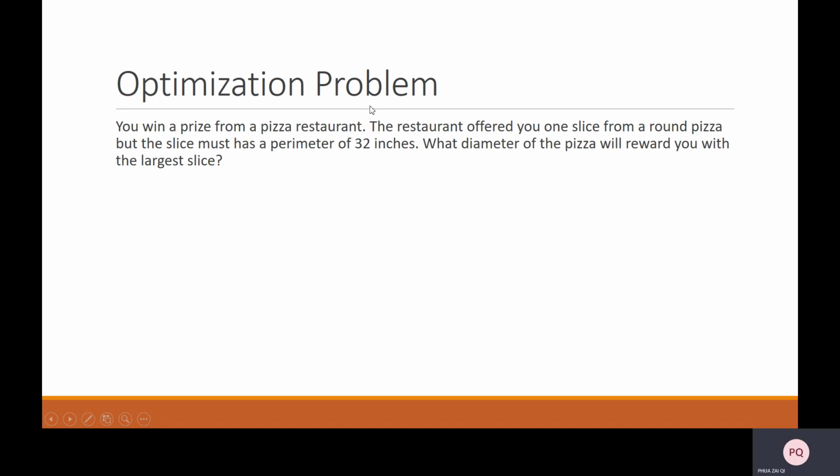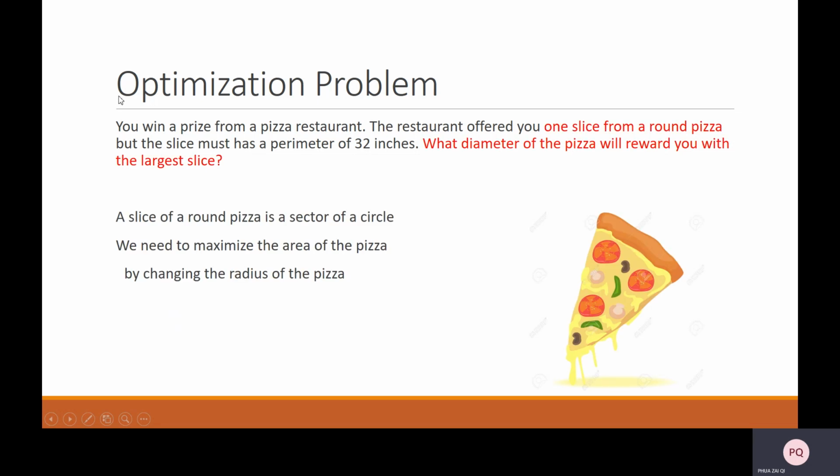Before we solve this problem, we need to analyze the question. Start with the first sentence: you win a prize from a pizza restaurant. Obviously, this sentence has no useful information that we want. Second, the restaurant offers you one slice from a round pizza, but the slice must have a diameter of 32 inches.